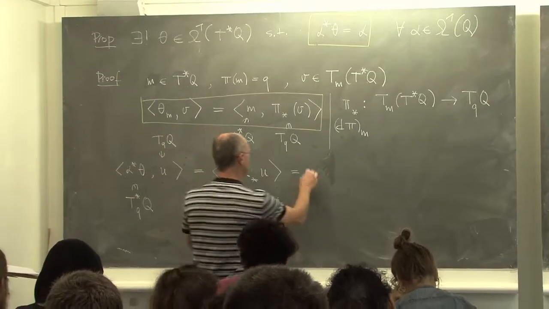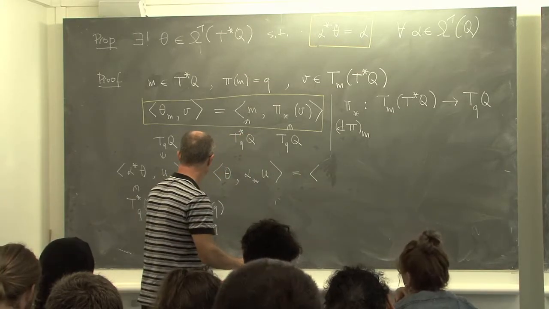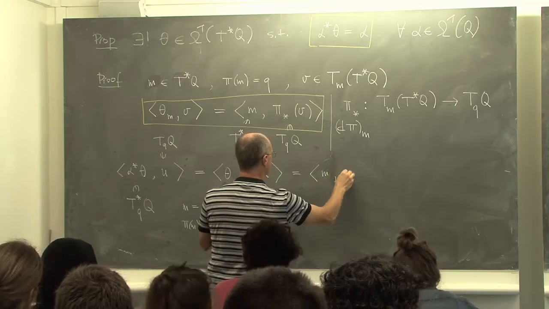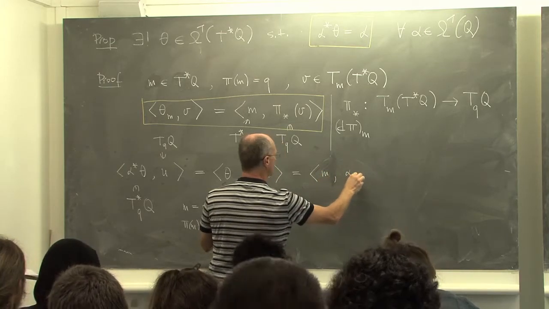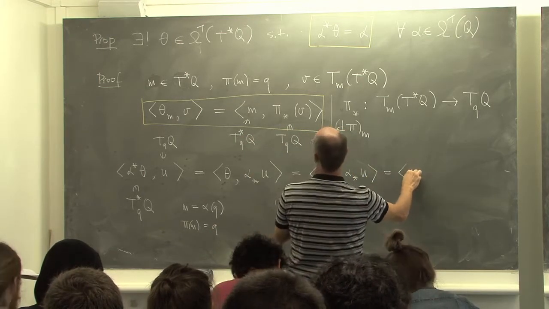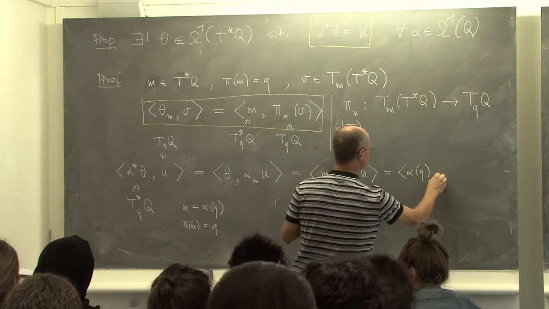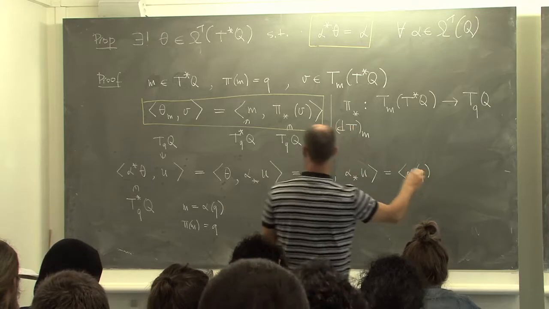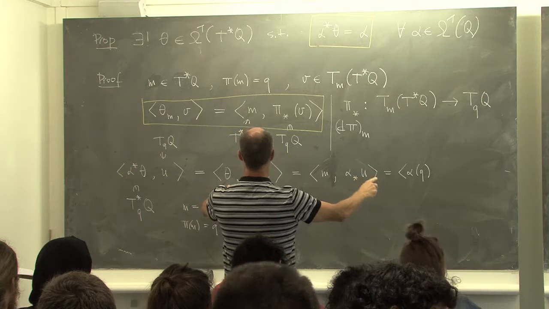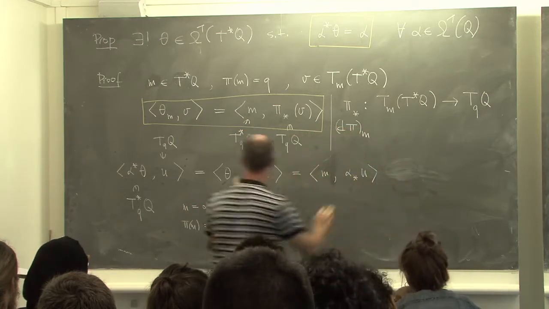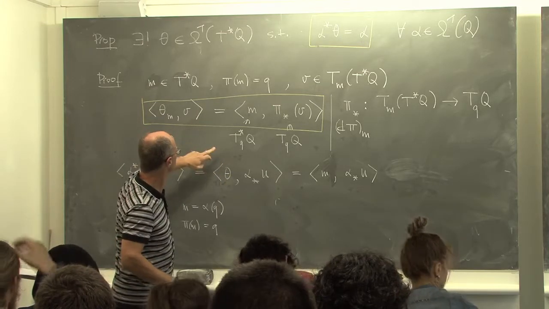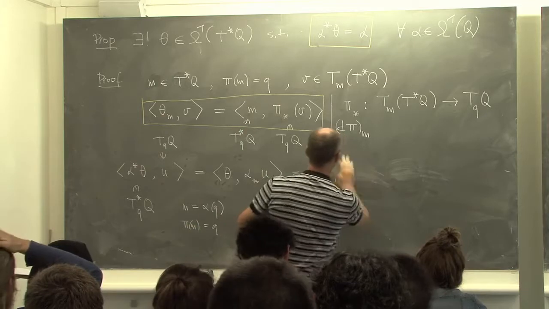So my point M is equal to alpha of Q. Sorry, I think I went too fast.